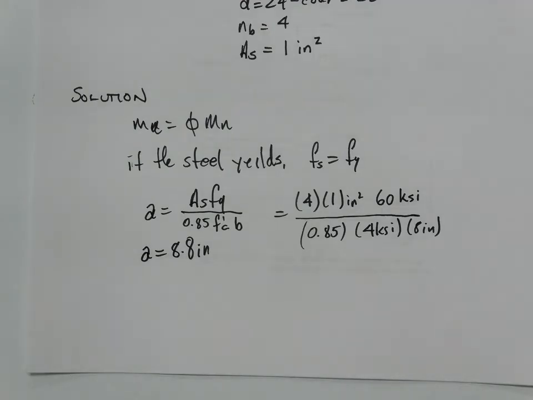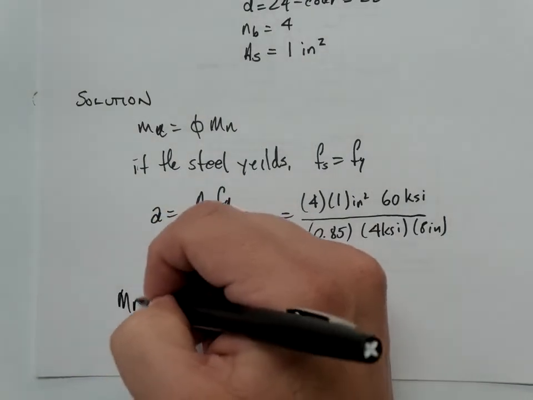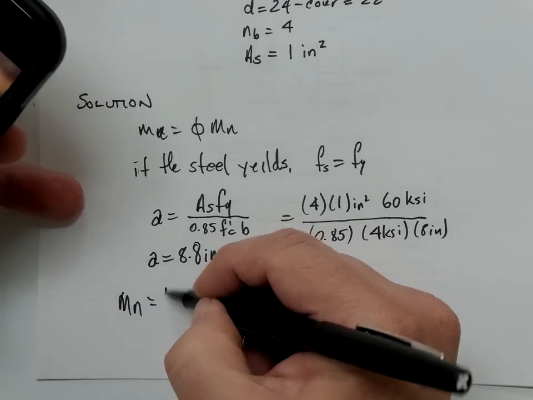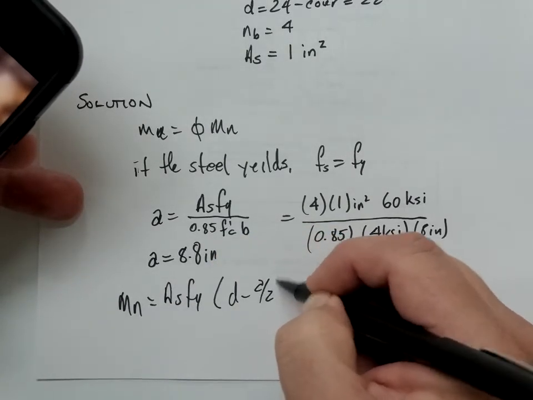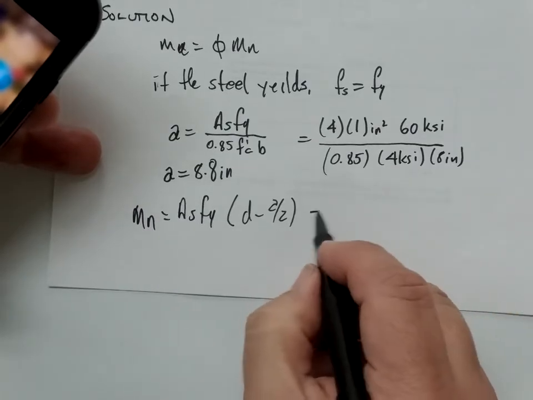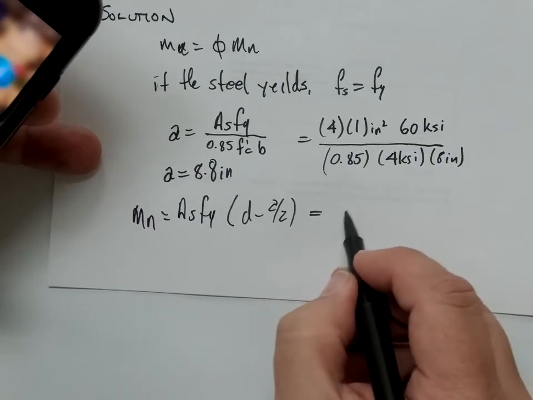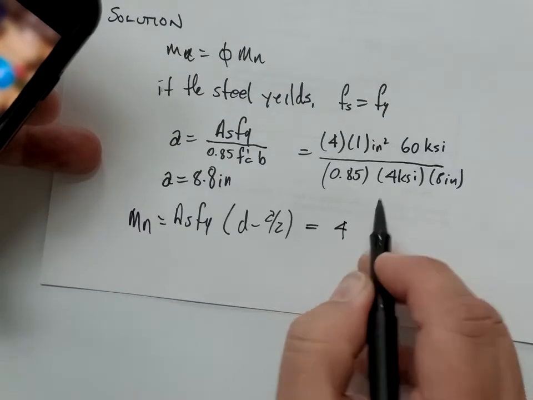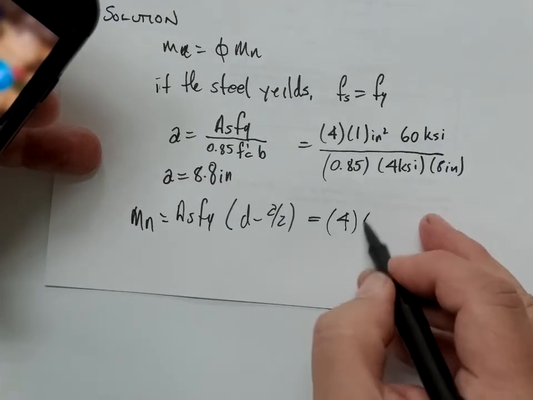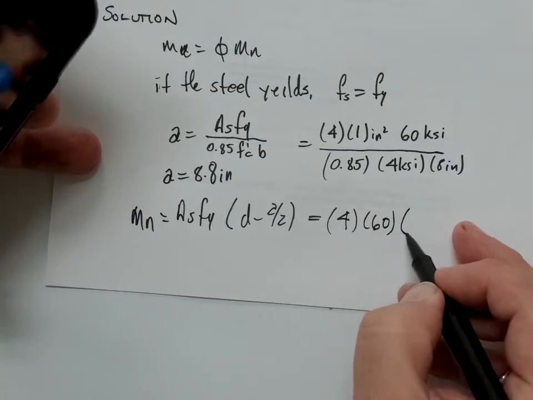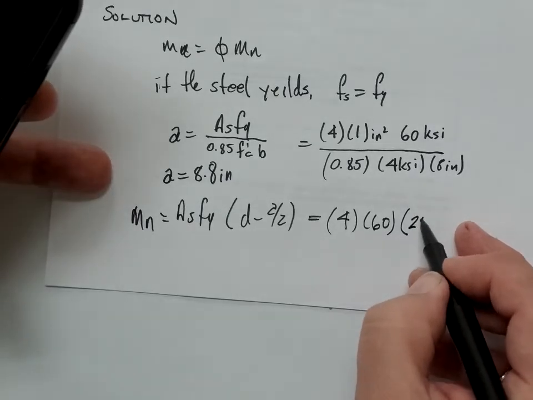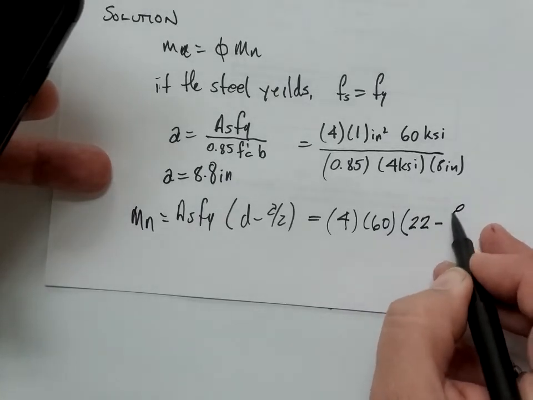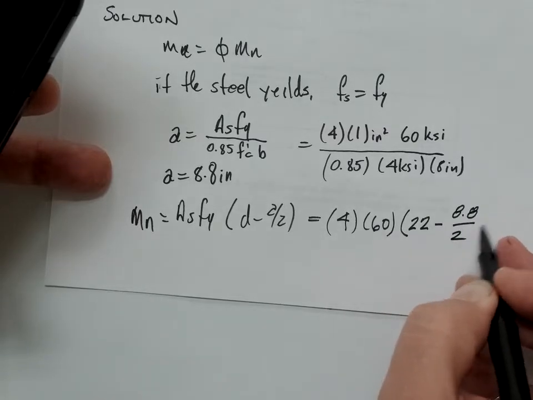Okay, now it's easy, right? Nominal moment is A_s f_y times d minus a over 2, which is equal to 4 square inches times 60 kips per square inch times 22 minus 8.8 over 2.